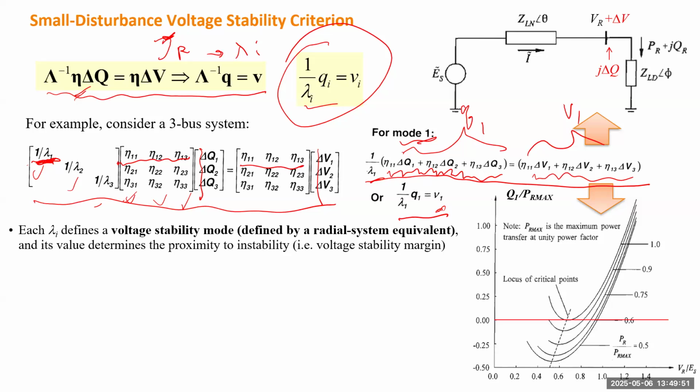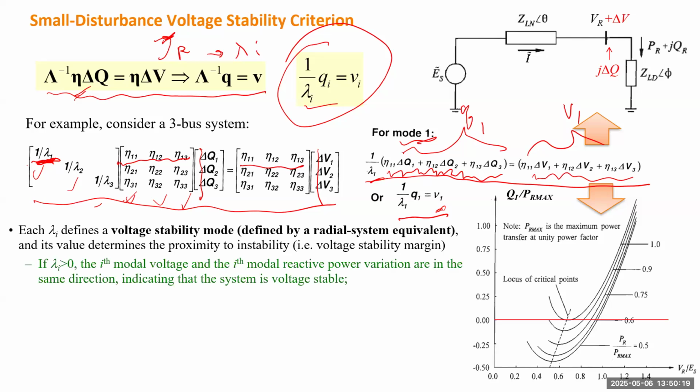That is basically characterized by some fictitious radial system equivalent. So this lambda determines how close the condition is to voltage instability. It basically tells you the stability margin. If this lambda is positive, you have a positive stability margin. If it's negative, you have already passed the limit and the system becomes unstable. If 0, it's right on the limit.